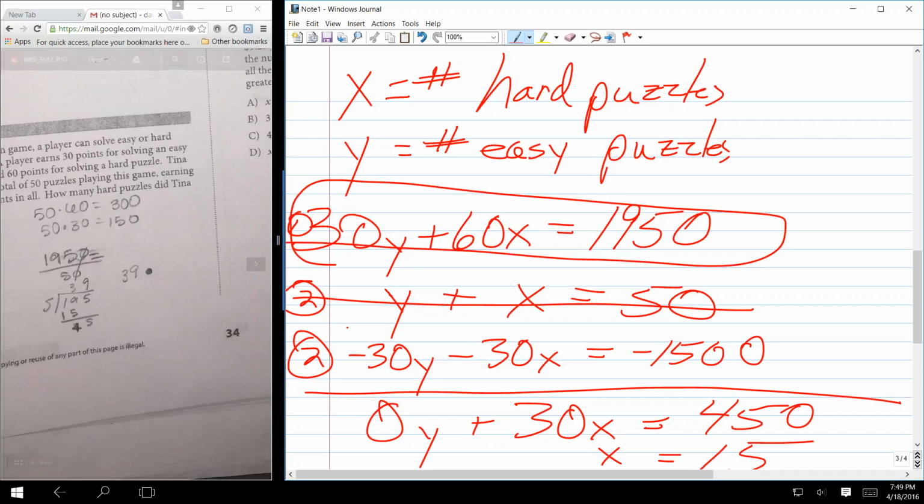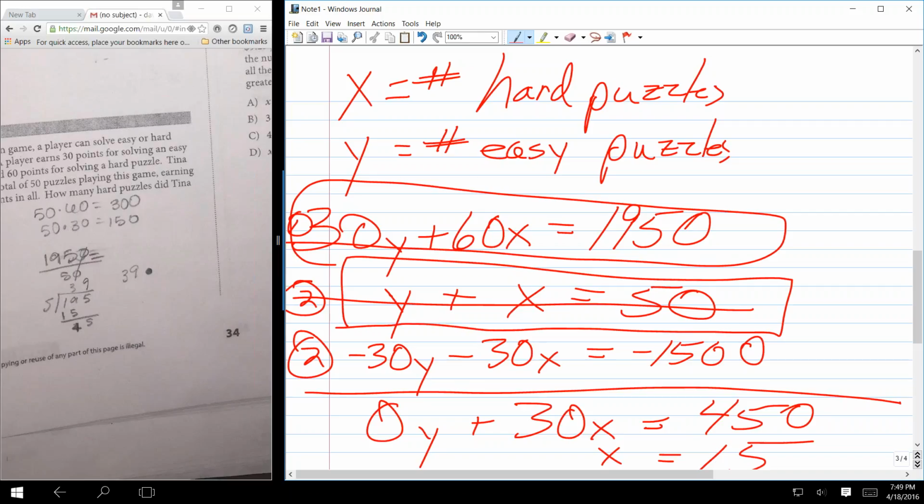In this equation, there's actually a couple of ways to do this problem. You don't have to do it as a two-variable problem. I'm only going to bring this up not to confuse you, but I could say 50 minus x is the number of easy puzzles.